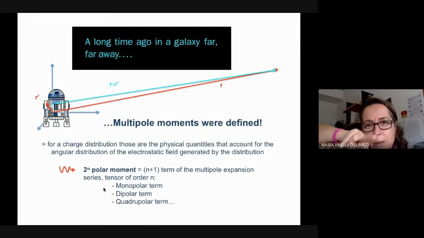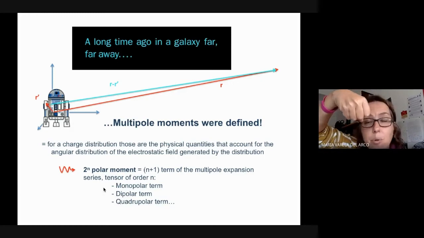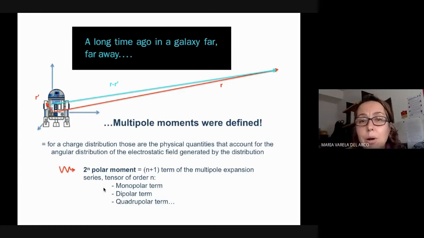In other words, something like a measure of the dipolar moment, if there is any, in my distribution. For example, if there is a separation of the centers of gravity of positive and negative charge, they are not in the same place of my robot in this case, there will be a net dipolar moment.